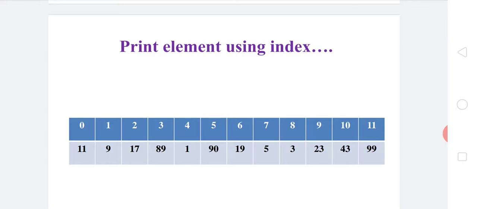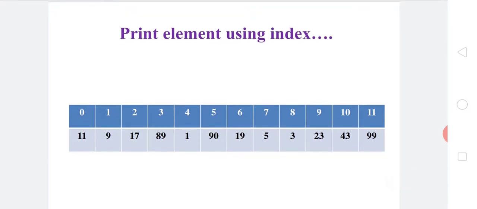Suppose you want to print all the elements of an array, then we can use the index. All the elements are printed from index 0, index 1, index 2 up to the last index, 11. This means the first element displayed is 11, then 9, then 17, up to 99.